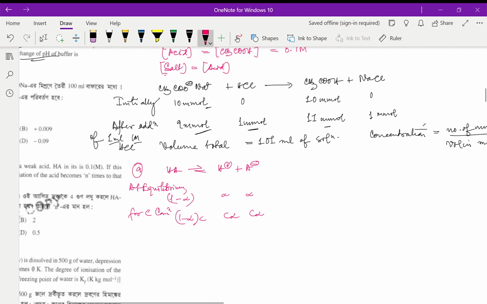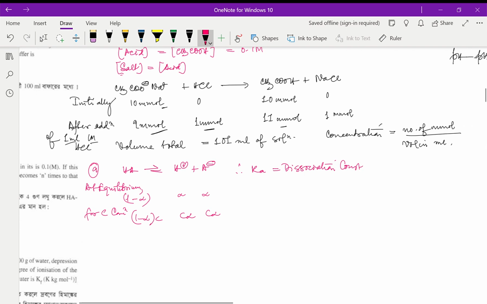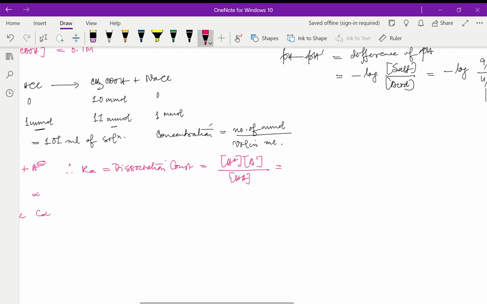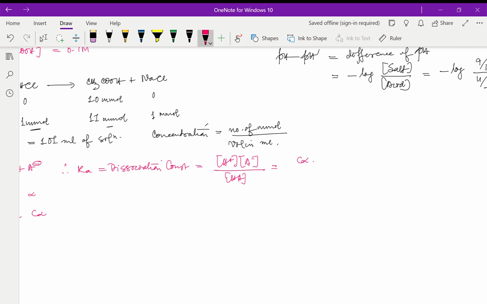Next, Ka, which is the acid dissociation constant, is nothing but the H plus concentration times the A minus concentration by HA, and that we can say to be C alpha into C alpha by C into 1 minus alpha.